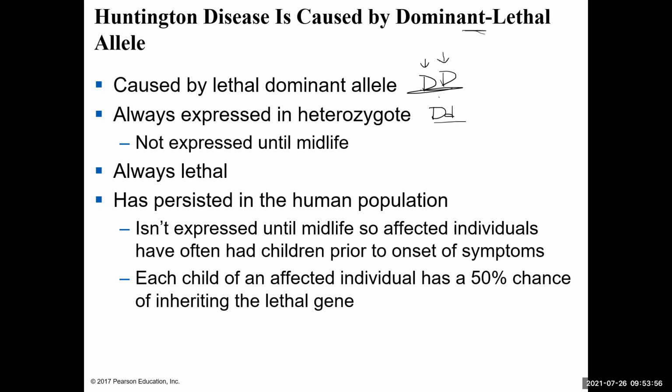But when you only have one copy of that dominant allele being expressed, it's generally not lethal until after the organism has been born. And usually it's not expressed until midlife.